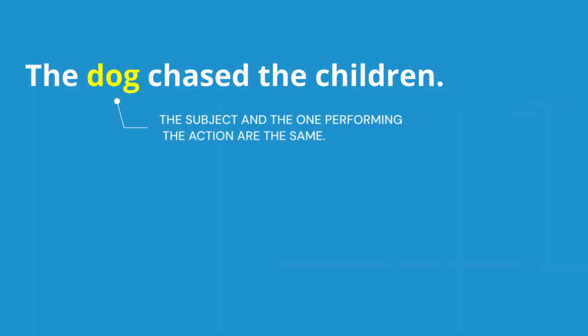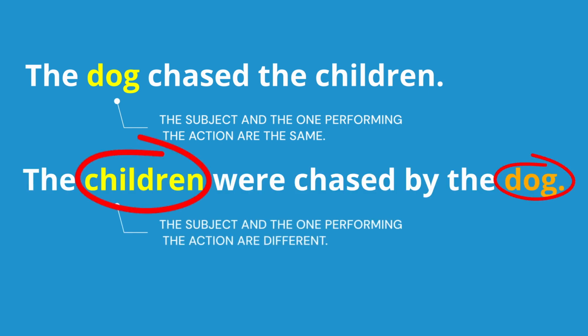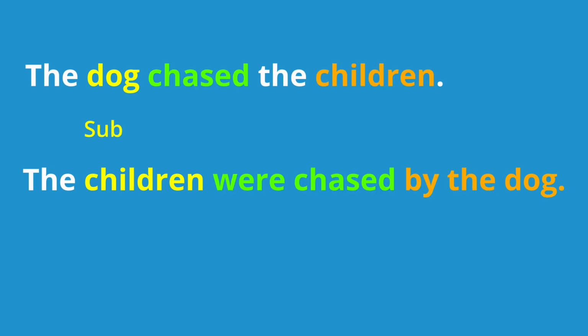In the first sentence, the subject and the one performing the action are the same. However, in the second sentence, the subject and the one performing the action are different. Active voice sentences usually follow this structure: subject plus verb plus direct object.